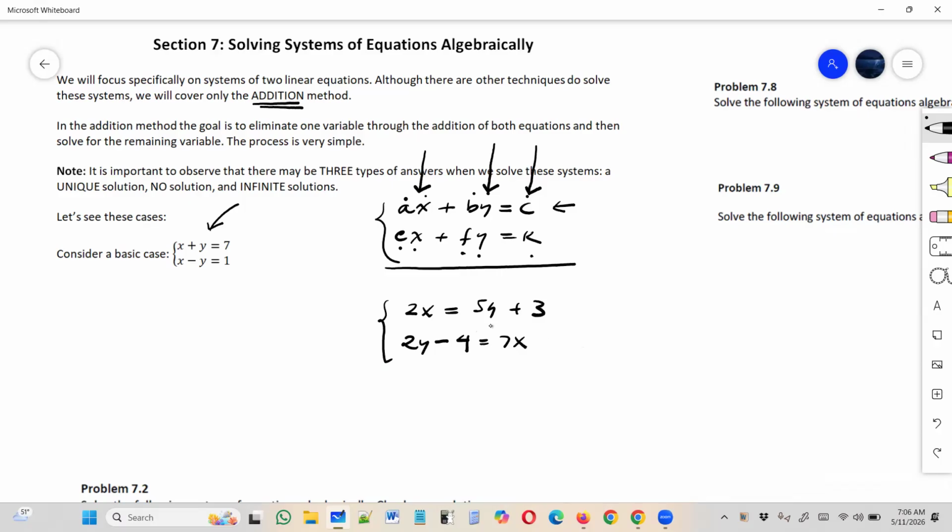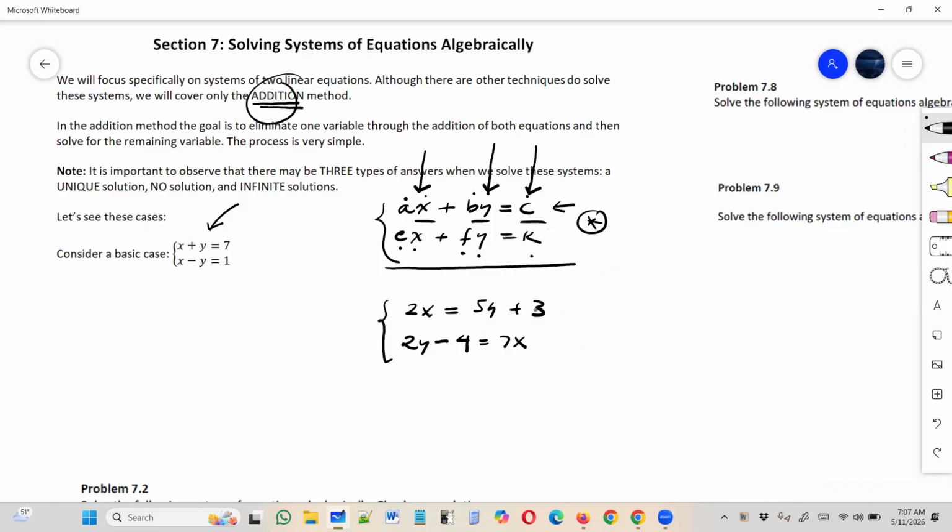So before we even begin to apply the concept of addition, which I'm going to describe shortly, we need to line up the x variables, the y variables, and the number exactly the way you see here. This is not the only way to do it, but this is the way that we normally explain to students, which is the easiest way. Okay?